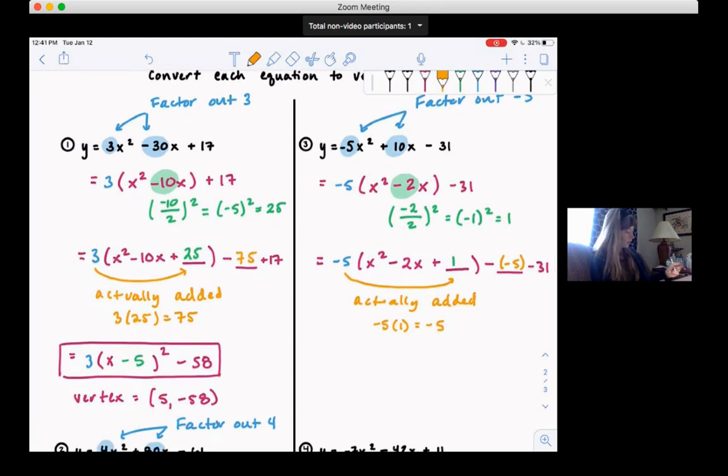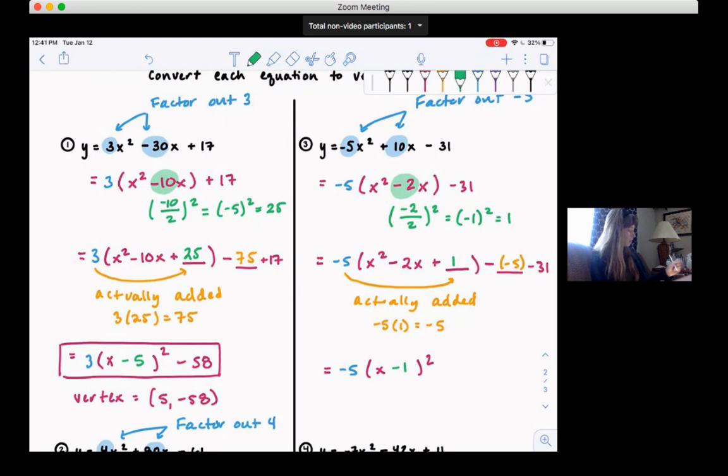Okay, so now for the final step, we factor the perfect square that's in the parentheses, and we combine our like terms outside the parentheses. So we have -5 and then a perfect square, so it's x plus or minus something all squared. The number in the parentheses is our coefficient of x over 2, so -2 divided by 2 is -1. So it's x minus 1 all squared.